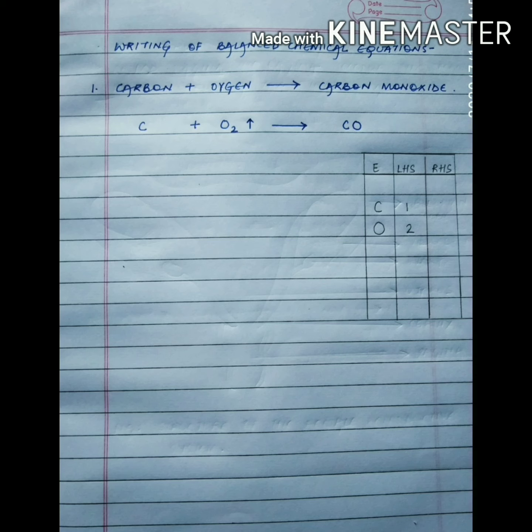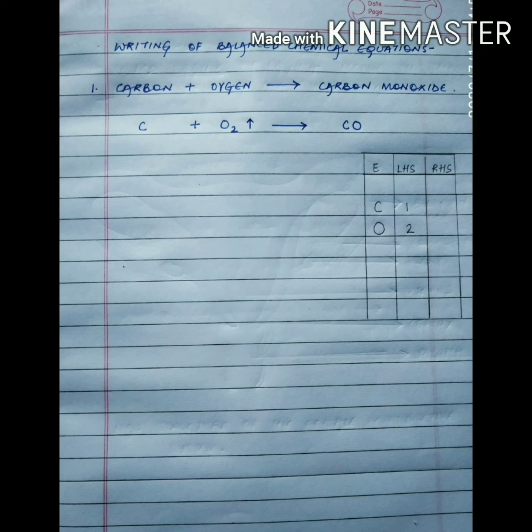So the elements in the left hand side will be same as the elements in the right hand side. The elements present in the equation are C and O, that is carbon and oxygen. So below element, that is E, write C and O. Please use a pencil for balancing your equation as I have done.